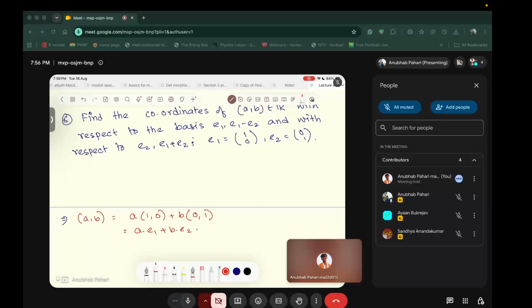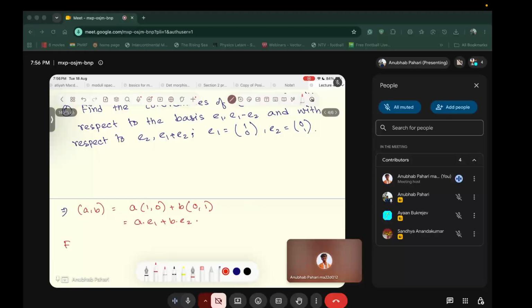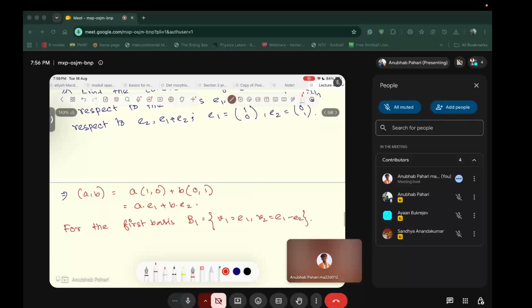Now for the first basis B1, which is v1 equals e1 and v2 equals e1 minus e2, we have e2 equals v1 minus v2.